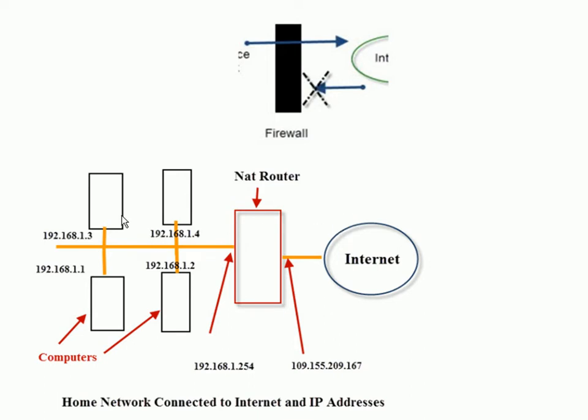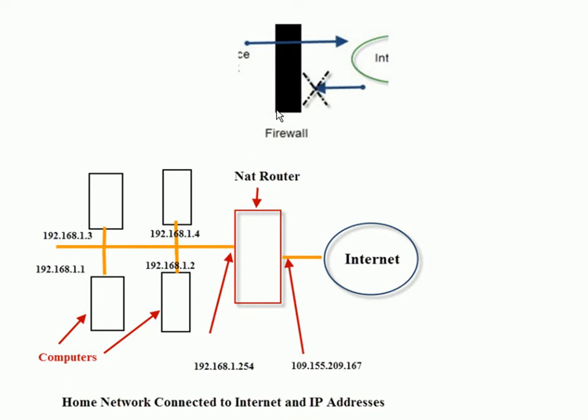So any packets going from the internal network to the external network can't use these IP addresses. Instead they have to use the single IP address here. So this NAT router basically does an address translation. It translates one of these addresses into this external address, and it does the reverse when packets come in from the external network or the internet onto your internal network.